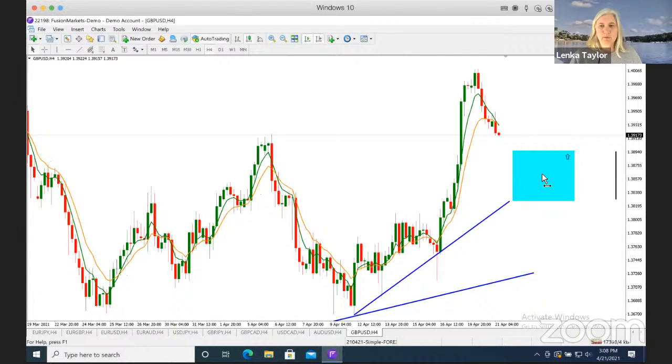So that could be sort of in this area here, or a bit lower around the trend line for a long.